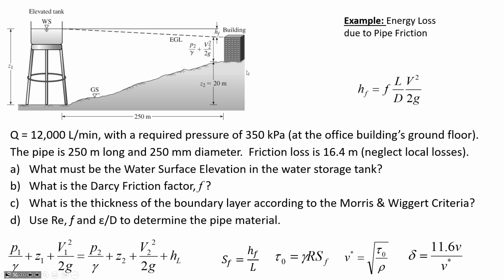The velocity head term: the water velocity, as the water is about to go into the building, it's in the pipe and moving at 4.074 meters per second, and we'll square the velocity divided by 2g, plus the head loss due to pipe friction, which is 16.4 meters. Okay, so we've substituted some numbers into the energy equation.